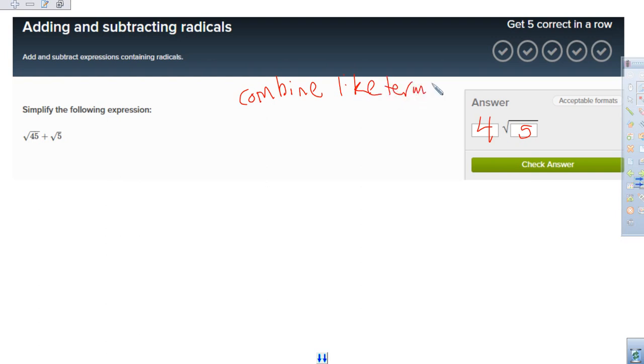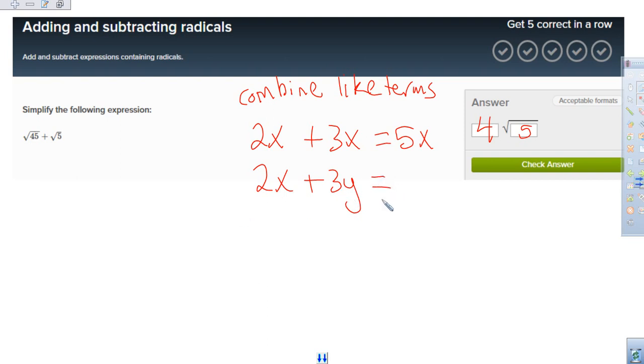And thinking about what you learned in pre-algebra, if I had 2x and I add 3 more x to it, I can get 5 total x's. But I can't take 2 x's and add 3 y's and come up with 5xy. That's not going to work. I can't combine them.